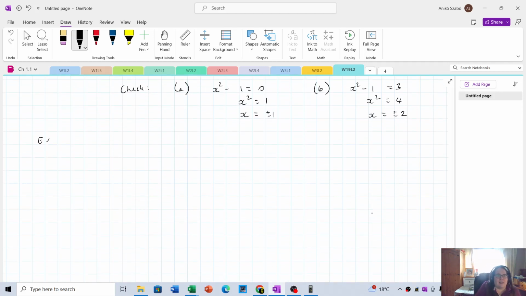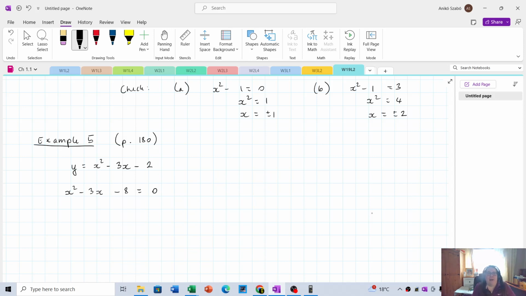Let's have a look at an example when the solutions won't be nice numbers. This is the example on page 180. We've got the graph of y equals x squared -3x -2. It says use the graph to find estimates of the solutions to the equation x squared -3x -8 is equal to 1.